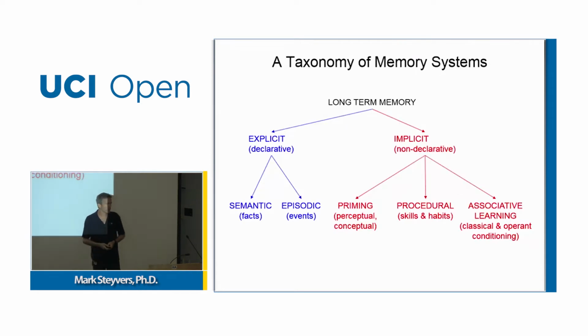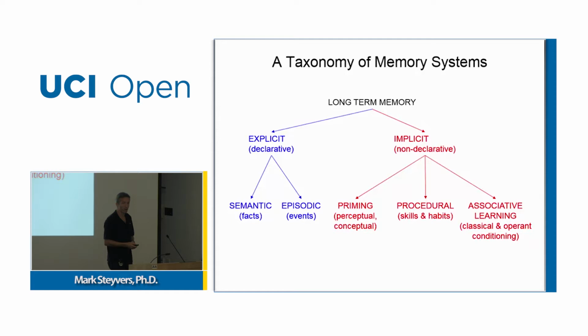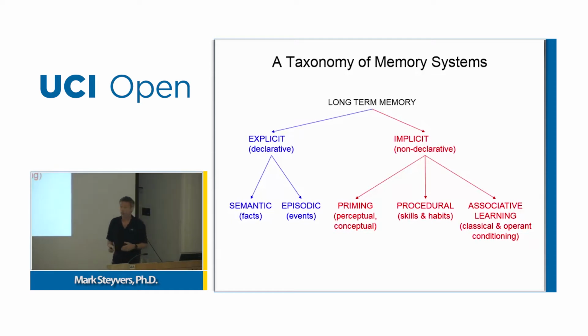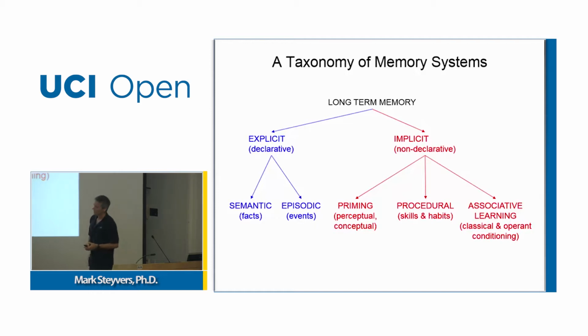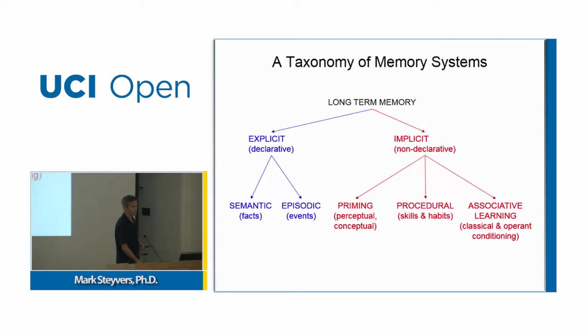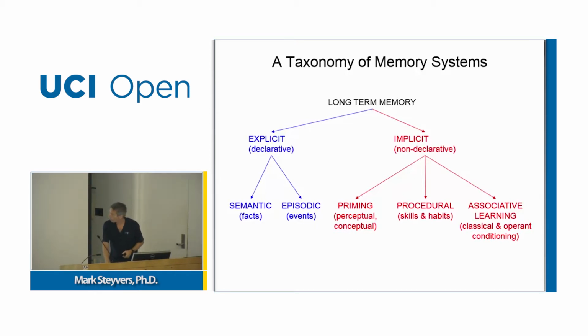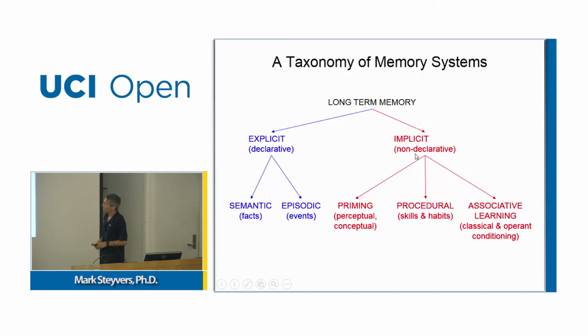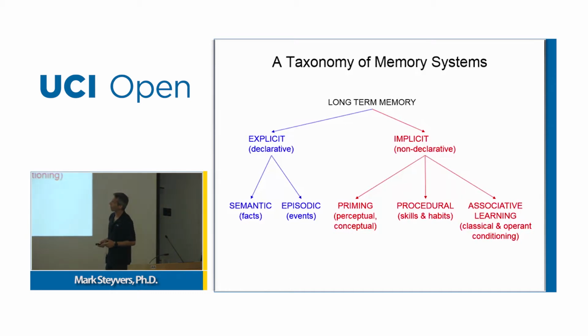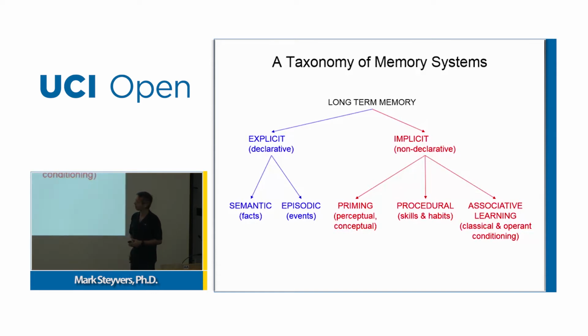So here's the big schematic from memory theorists, making distinctions between various types of memory. The main distinction, the one that we'll talk the most about during this lecture, is between explicit memory and implicit memory. So explicit memory is known also under the name declarative memory. These are memories that you can declare.